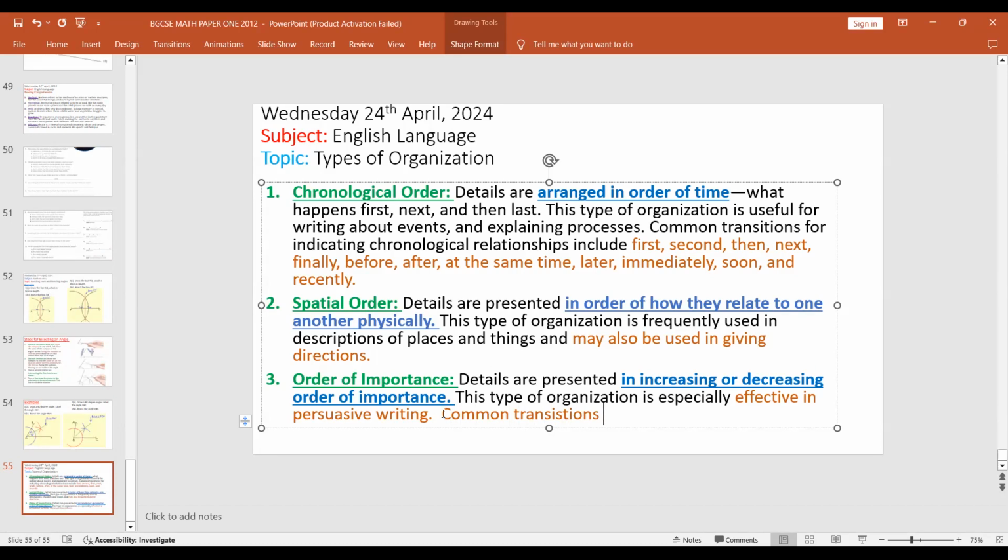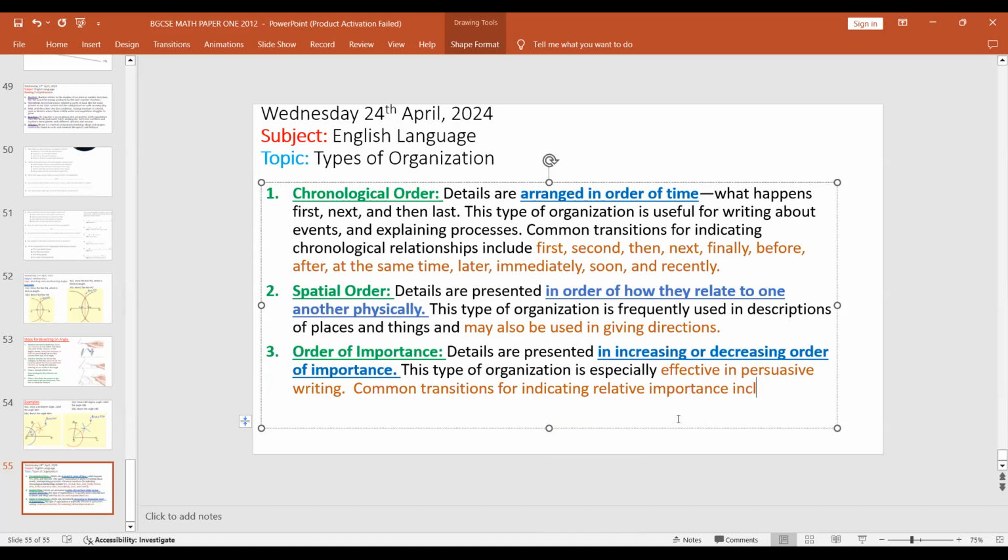Common transitions for indicating relative importance include first, primarily, most important, in addition, also, and significantly.